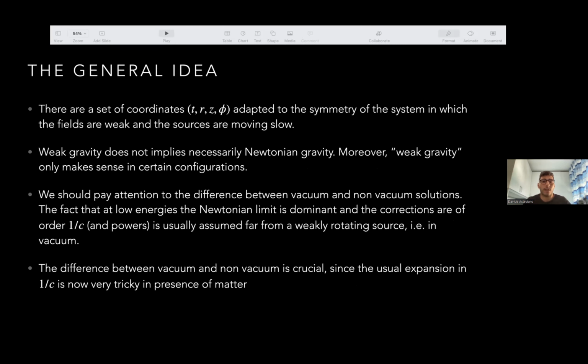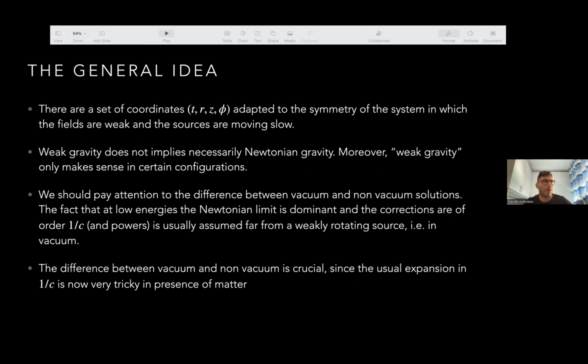So now we have a set of coordinates in which we can describe our system. It is very important that the system is confined in a finite region, and far from this region all the fields go fast to zero, and at infinity we have the Minkowski spacetime.